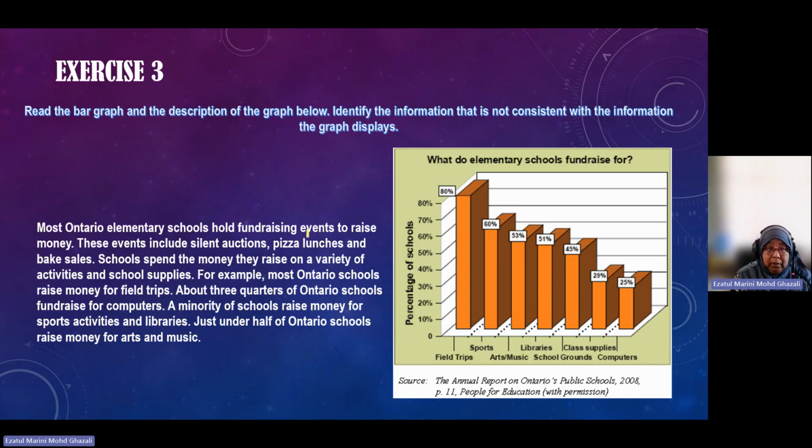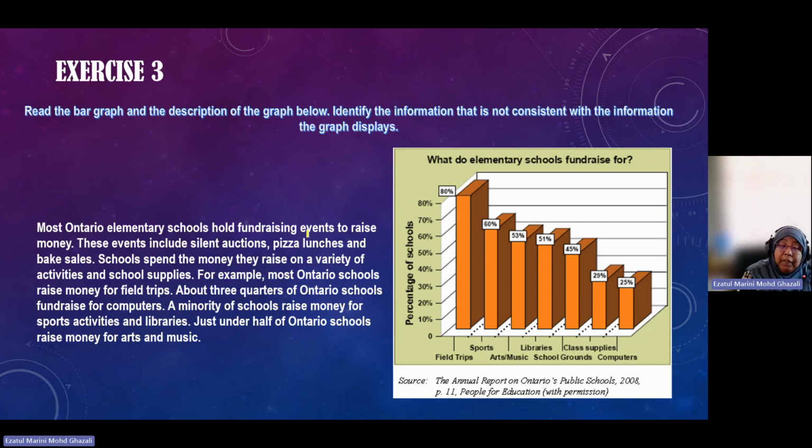And what is the title of the graph? What do elementary schools fundraise for? Meaning that the graph will show you information on what elementary schools collect money for.